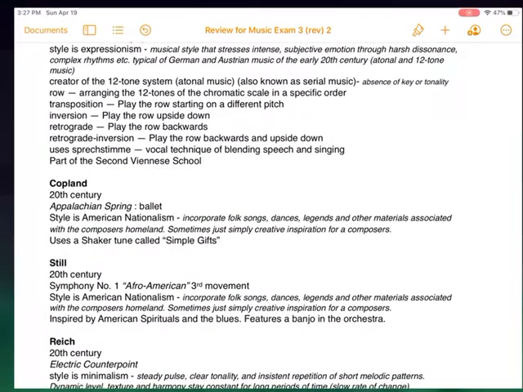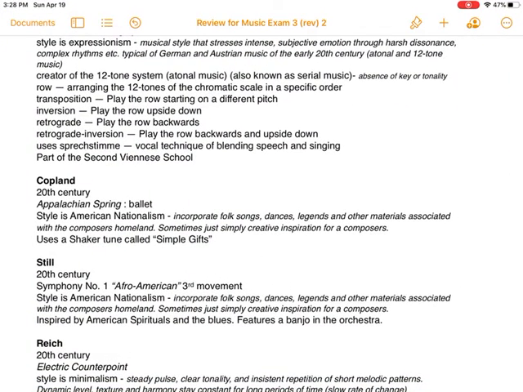Okay, Aaron Copland, one example of nationalism, more specifically American nationalism. He takes the Shaker tune as the basis for that section of the ballet and later the suite, and writes a theme and variation on it.